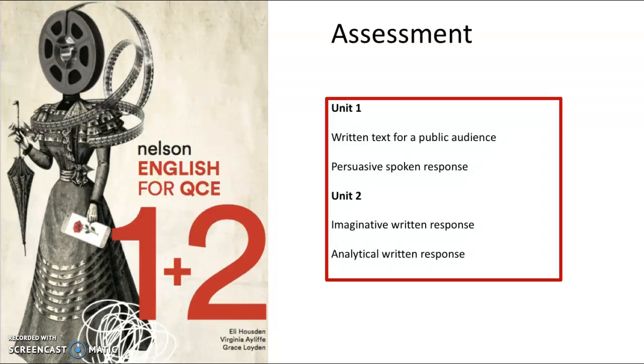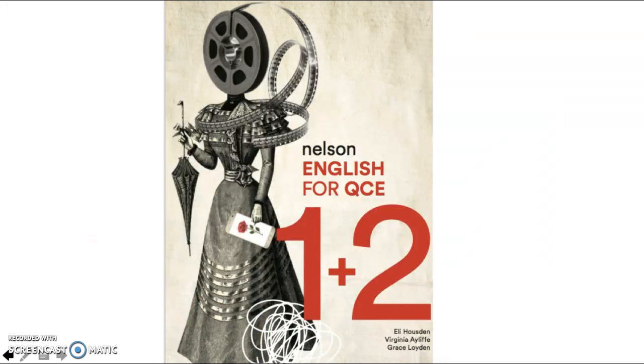Similarly, in Unit 2, at its conclusion, we've included the same sort of detail for imaginative written responses and analytical written responses. We are excited by the prospect of teaching these texts ourselves and with sharing our vision and our resources with our colleagues in Queensland schools.